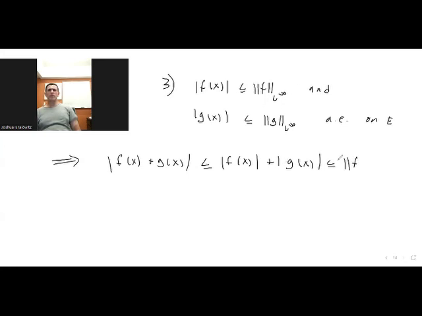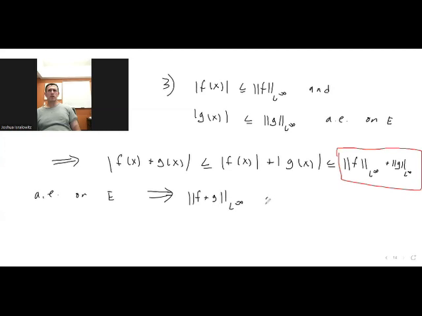So absolute value of f plus g is less than or equal to, then add these two norms up. I technically haven't proved that this is a norm yet, but that's okay. The infimum is a lower bound of all essential upper bounds of f plus g. This is one essential upper bound of f plus g. So we immediately proved the triangle inequality.